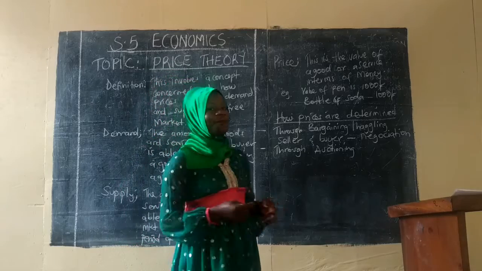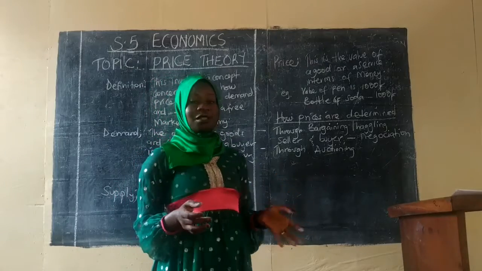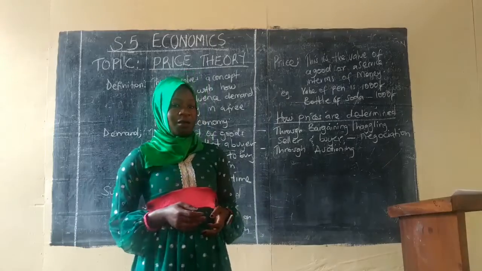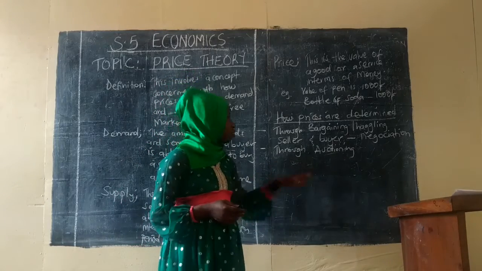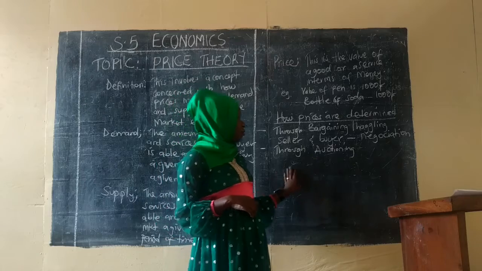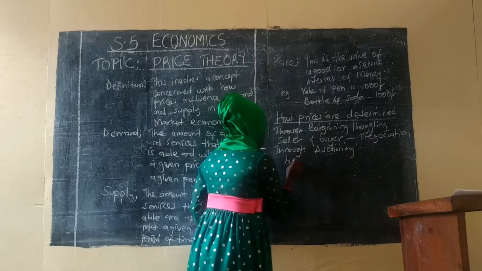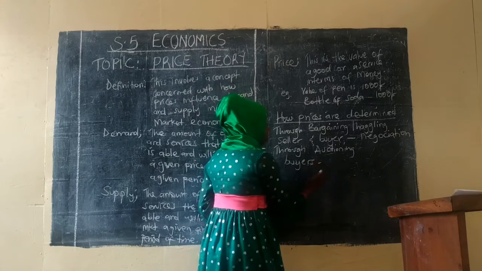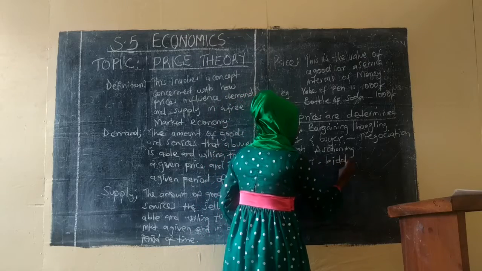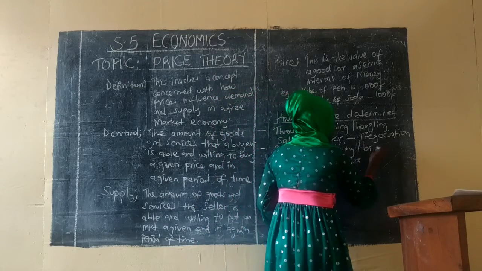We have seen fundraisings, for example, in schools. Under auctioning we also have two parties: the auctioneer and, of course, the buyers. In auctioning, the buyers are called bidders. So auctioning is also known as bidding.